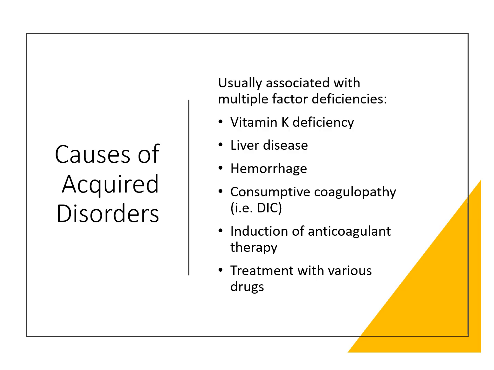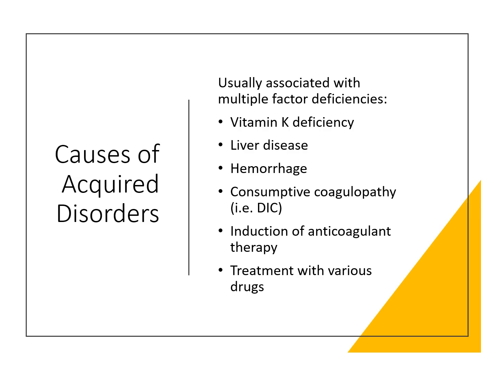If we have liver disease, because remember, the liver is where those vitamin K dependent factors are produced. Hemorrhage, so hemorrhage is acquired, so we're losing those coag factors as we lose our blood. Those consumptive coagulopathies like DIC.